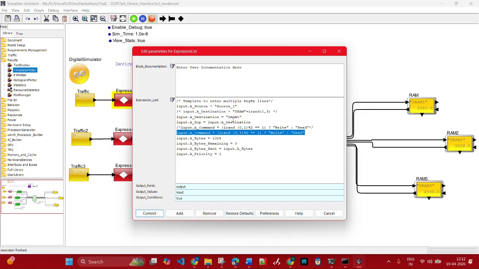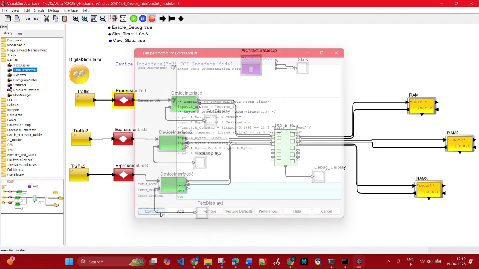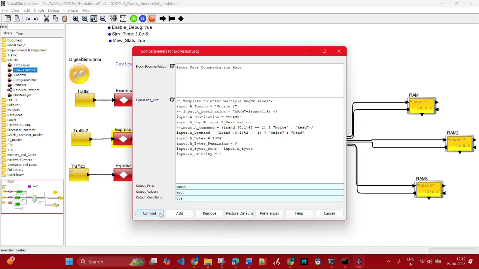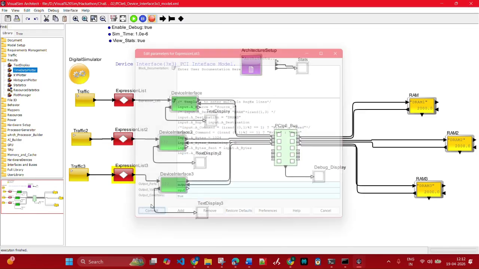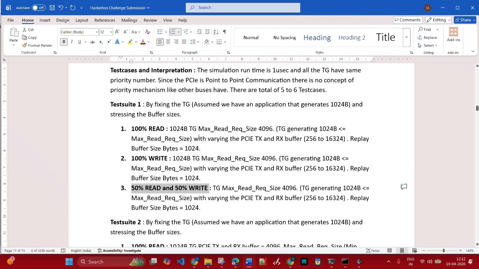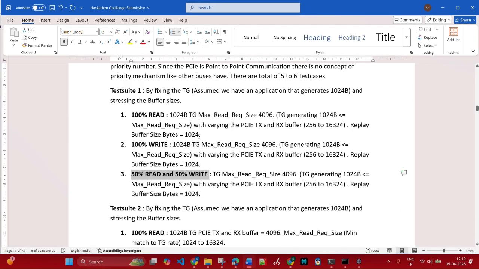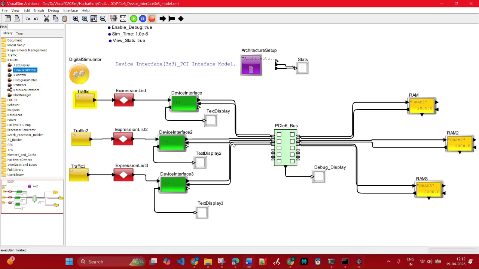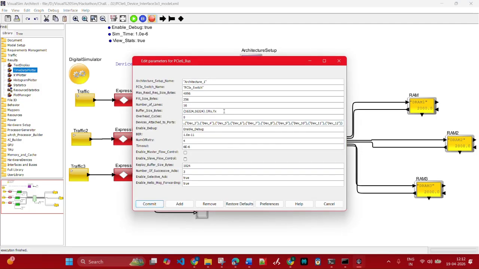As of now, what I'm considering in this scenario is input.a DRAM1, here DRAM2, here DRAM3. So what it means is it's a no conjunction model here. That is a different test, and this is one test. What we are observing here is that I fixed my 1024 and I'm varying my PCI TX and RX buffer sizes.